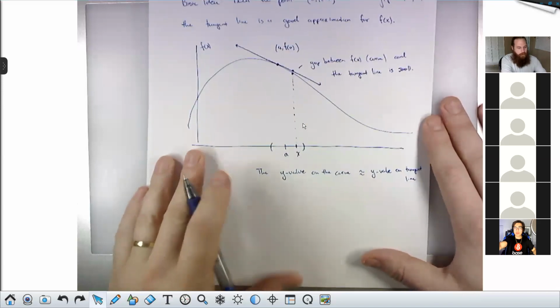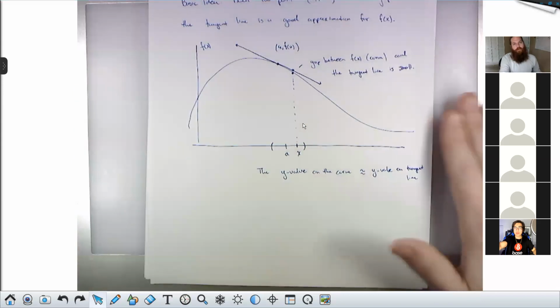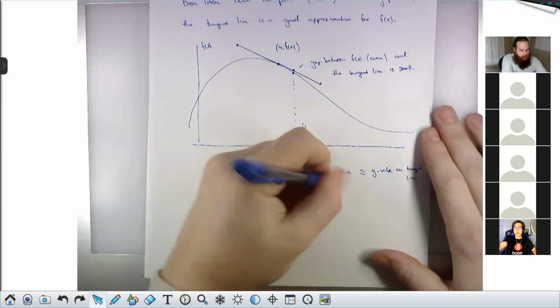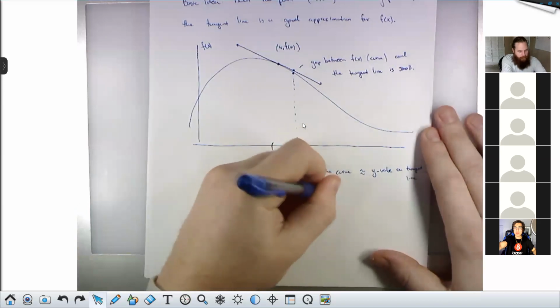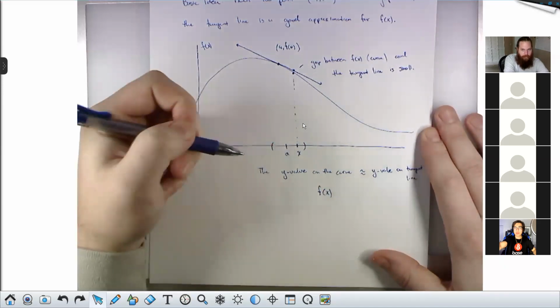Right, the y value on the curve here is very, very close to the y value on the tangent line there. The y value on the curve is f of x because it's the y value associated with the input x.